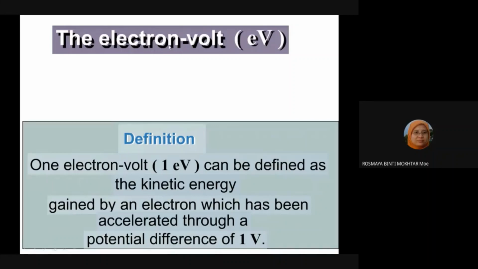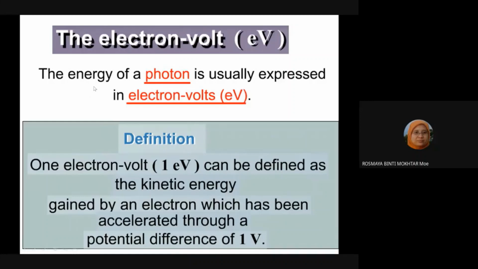The electron-volt, in short form, we use eV, with capital letter V. So what is the electron-volt? It is a unit of energy, which we express as eV. One electron-volt can be defined as the kinetic energy gained by an electron which has been accelerated through a potential difference of 1 volt.